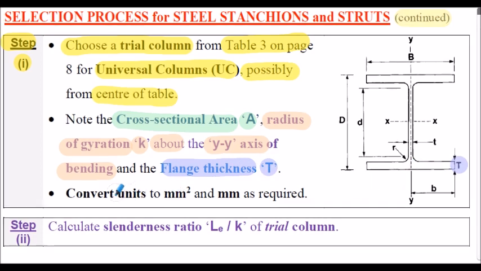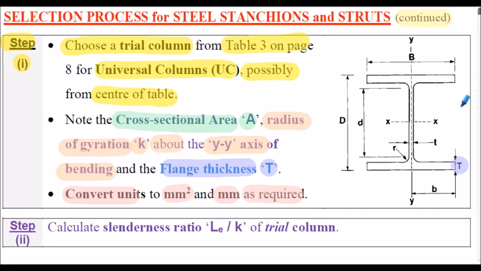We will need to convert various values from the units stated in our standards for universal columns, etc., from centimeters squared to millimeters squared, and from centimeters to millimeters as required. Step 2, we have to calculate the slenderness ratio, the L upon K, of the trial section we're using.